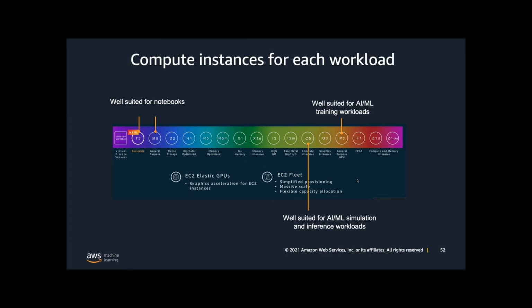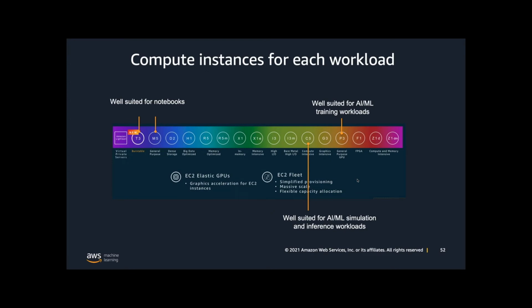Compute instance for each workload. Why this is so important as well. So, of course, you guys have SageMaker. We have multiple algorithms. We have multiple platforms that support the entire machine learning process. But you gotta understand what kind of compute instance is ideal for each workload, right?